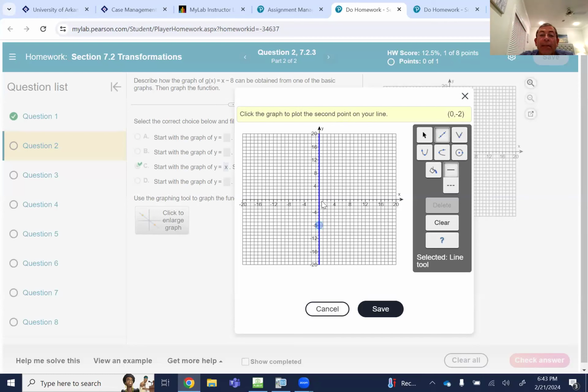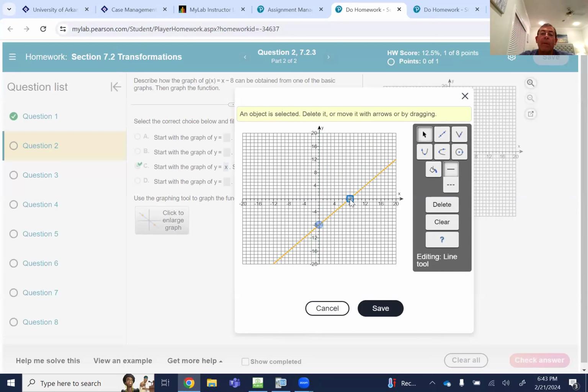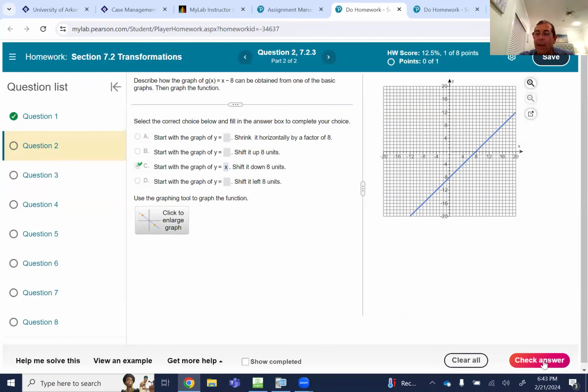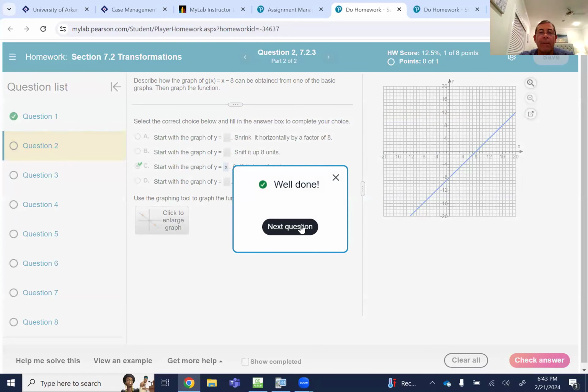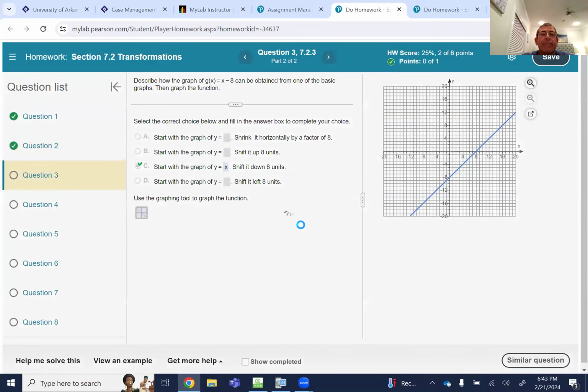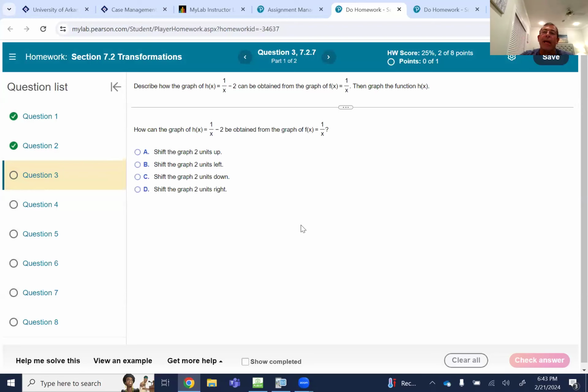So when x is 8, y is 0. Now remember, the basic graph went right through the center of it. By shifting this down 8, it sort of pulled it down to the right. So this is the only one where you had to plot 2 points, okay? So save it, and it'll make you check that answer. And there's only one doing that.